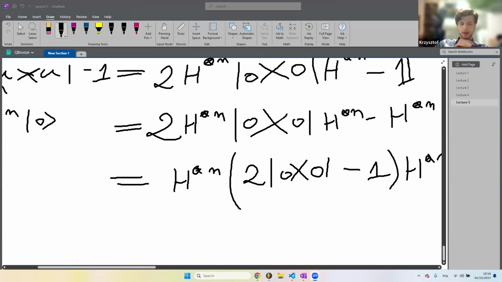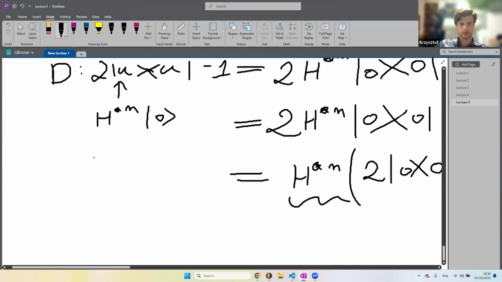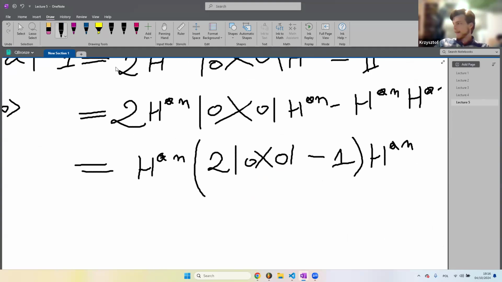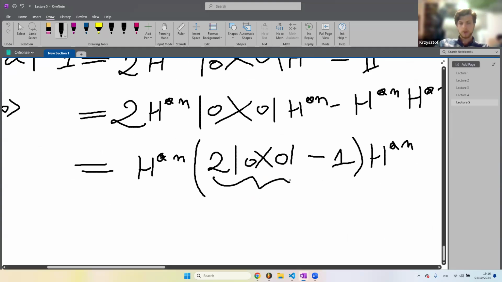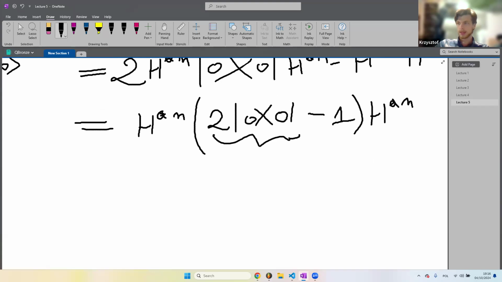Okay, so we know that we have to put some Hadamards at the beginning and some Hadamards at the end in order to apply this D, which is the inversion about the mean gate. But what happens with this gate here? This is the question. So let us look at the effect of this gate on any state.